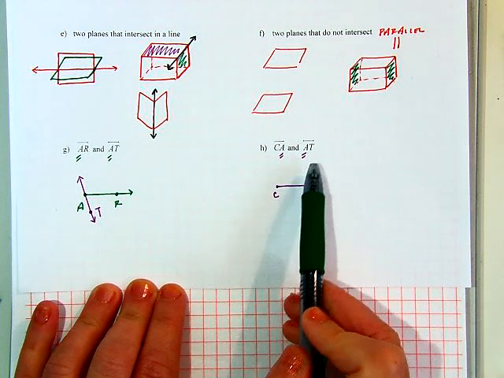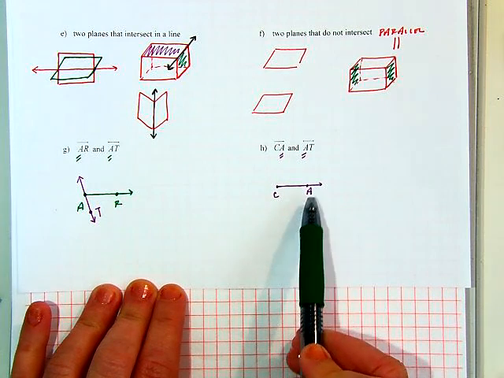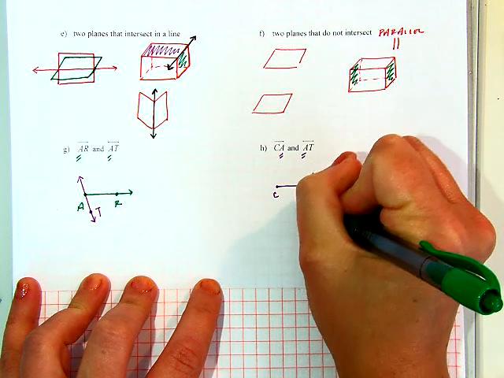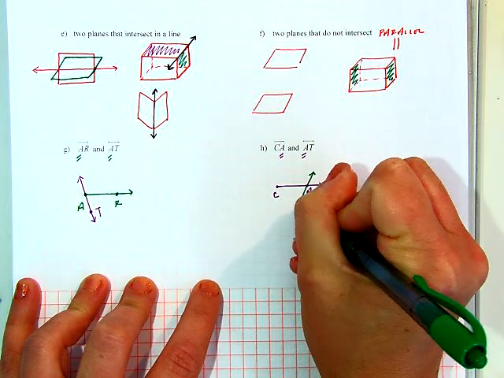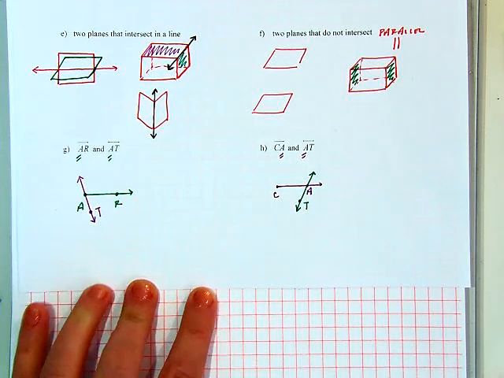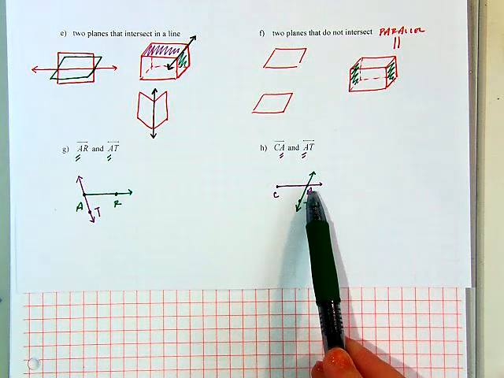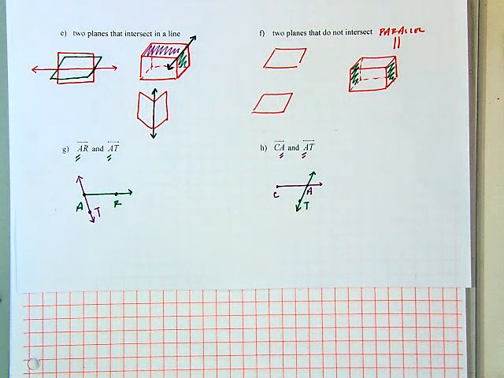Okay, and then I have line AT. So it has to pass through the A right here. So I could draw, for example, a line that slices through just like that, and I'll put my T right there. So this is one option that works. For all of these, there could be multiple pictures that you could draw, but we should be able to recognize that A is the point that they share in common.